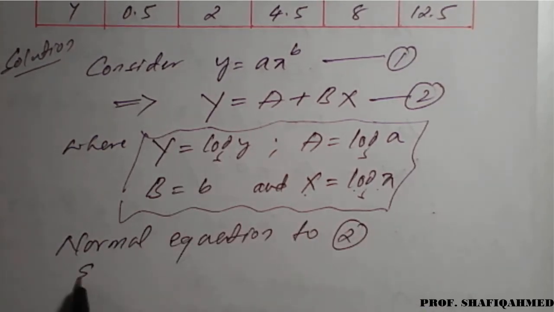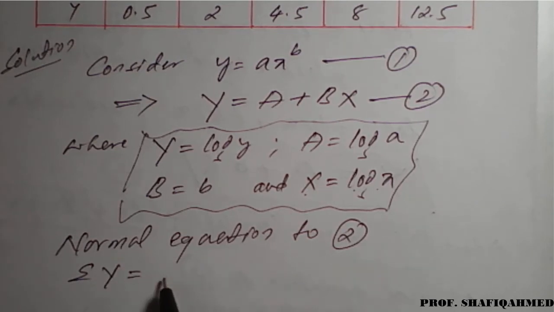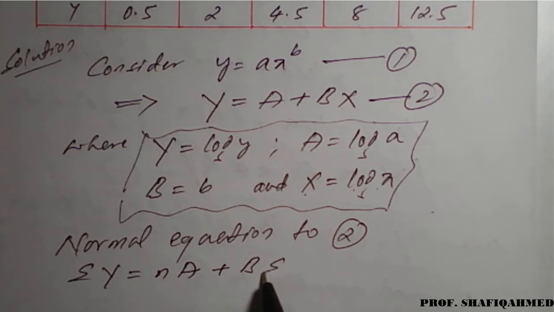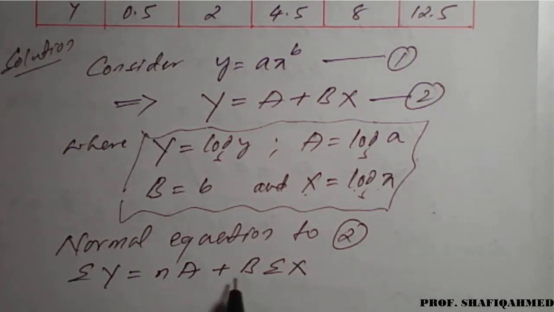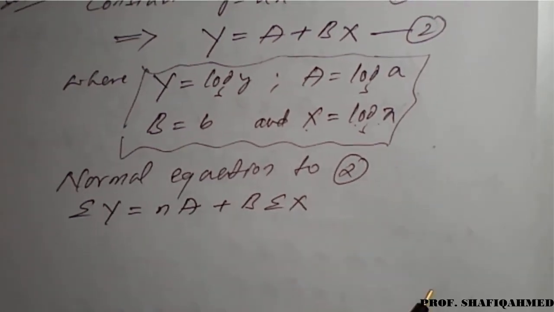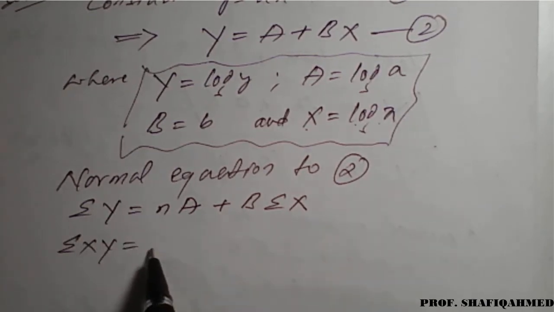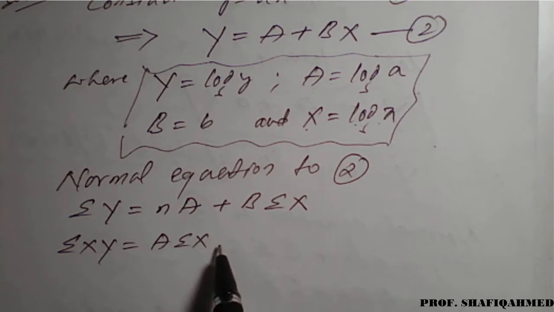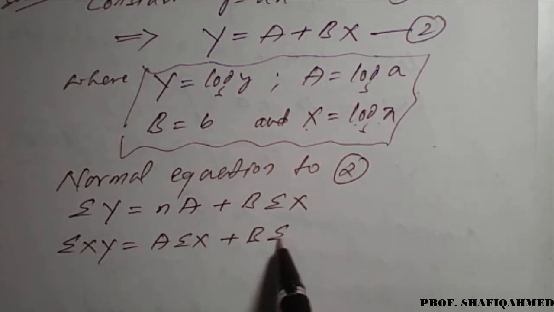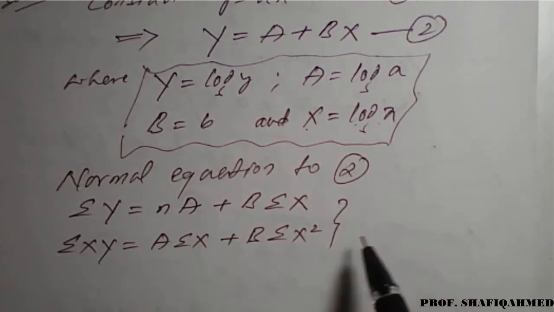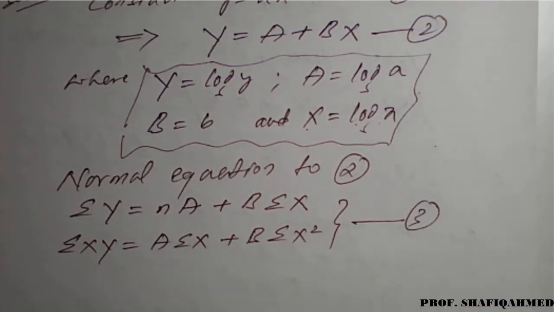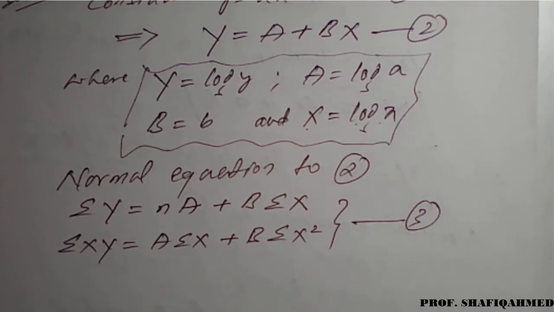That is, summation of capital Y is equal to n into capital A plus B into summation of capital X. Multiplying by capital X on both sides, summation of XY is equal to A into summation of capital X plus B into summation of capital X square. I will call this equation number 3. Based on equation number 3, we need to prepare a table. So let's see the table now.